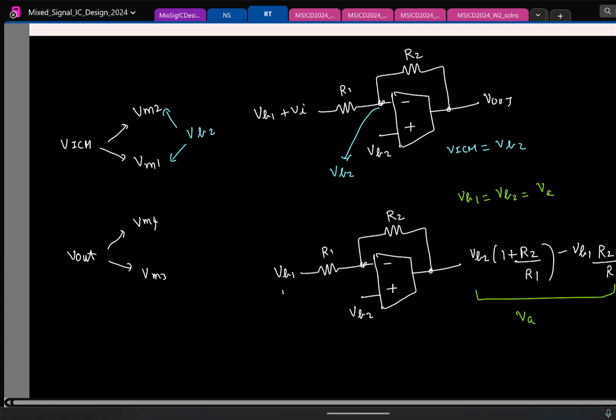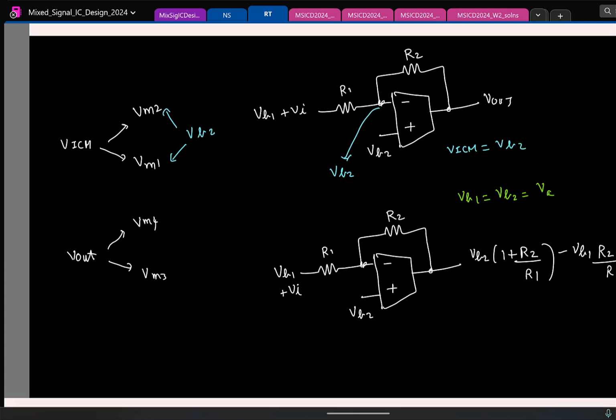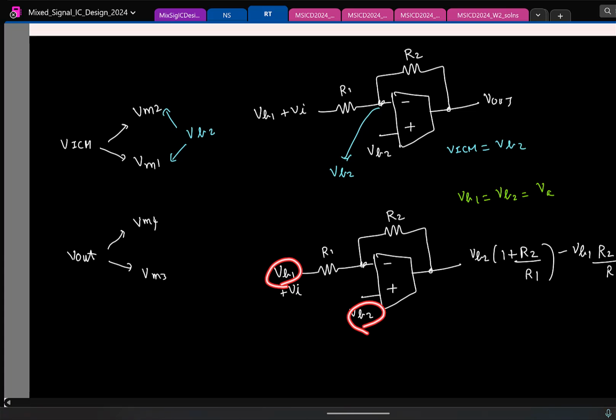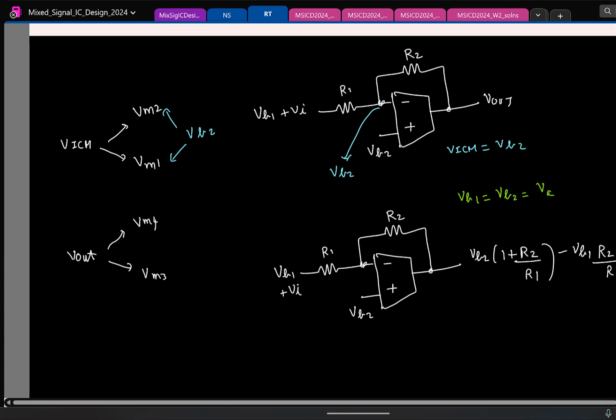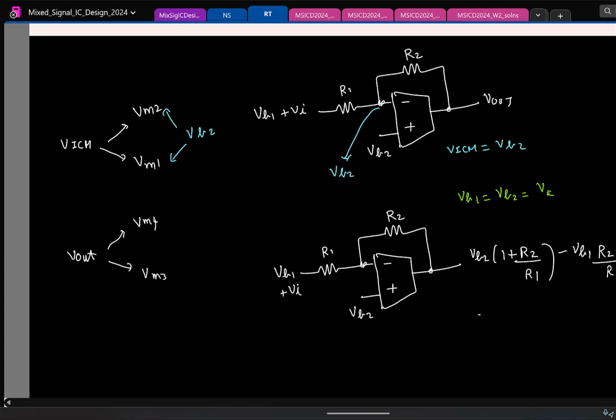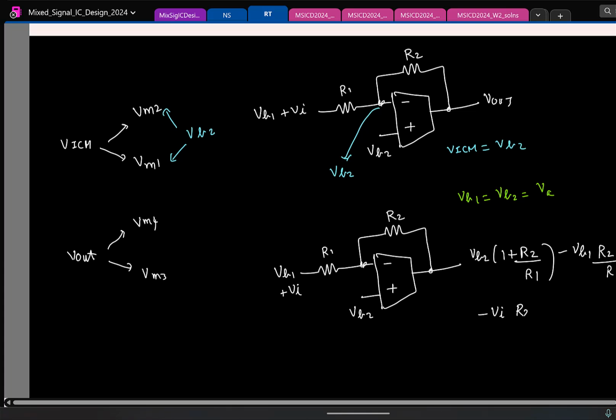So this is only the DC part. Now if I apply a small signal Vi, what will be the output? I already know the response if I apply VB1, VB2. Now in addition to it, Vi is applied. What will be the output? Minus Vi into? Is this clear? Inverting amplifier, Vi is the input here, minus R2 by R1 times Vi.